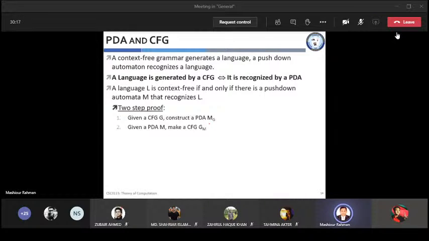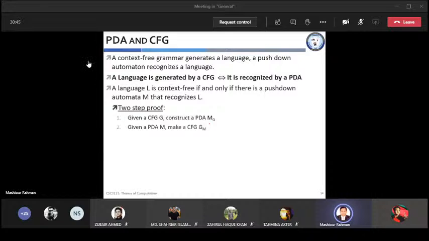A language L is context free if and only if there is a push down automata M that recognizes L. That is, if I say it mathematically. The second line was just a bold statement. The third line, we are trying to represent the same thing that is said in line 2, but using mathematical induction. So, two steps of proof can be given to show that CFG is equivalent to PDA.